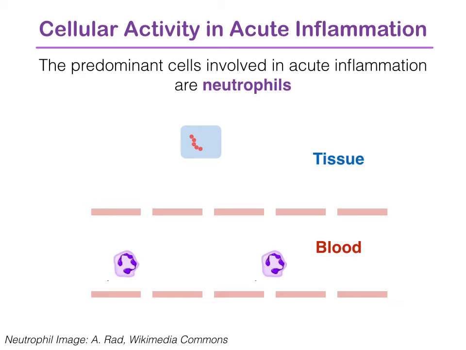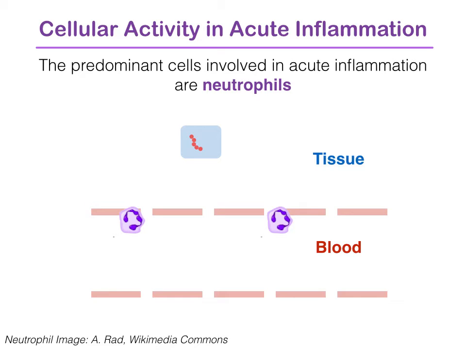But essentially what happens first is, because the vessels become more permeable, you lose a lot of fluid, and so the blood flow slows down. So there's more chance that the neutrophils are going to be wandering past quite slowly and realizing there's a problem. But the first thing that happens is these neutrophils attach themselves to the lining of the vessel, the endothelium, using very special molecules called integrins and ICAM and other cellular adhesion molecules.